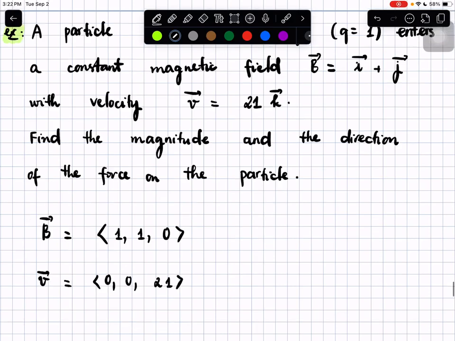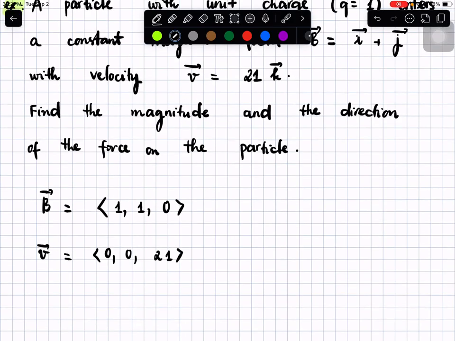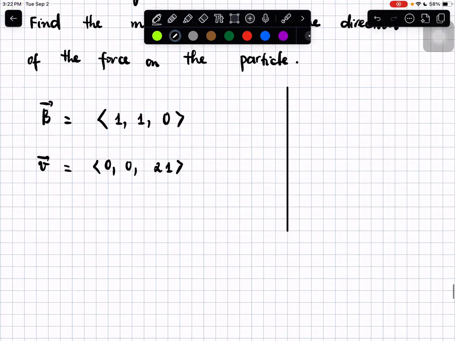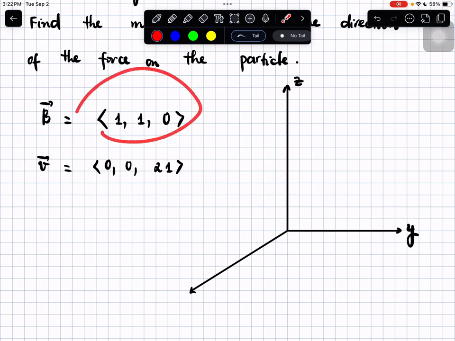You can draw the graph, so we can have, let's say, X here, Y here, and Z here. B is i plus j, which is (1, 1, 0). So here's i, and 1, 1, 1 here. So vector B looks like this.